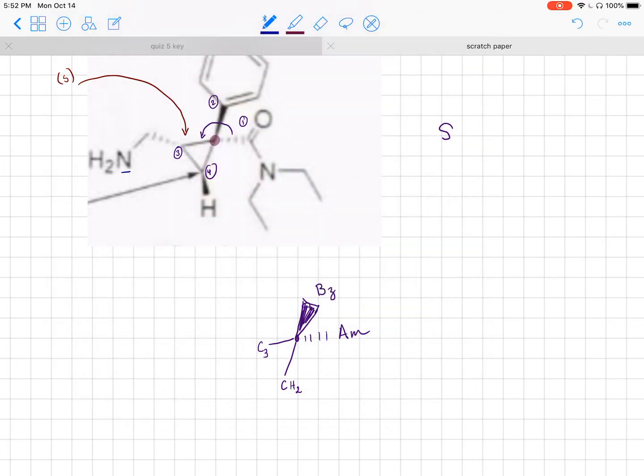Yeah, basically rotate it around the C3 group. Right, so then the C3 group is going to stay exactly where it is. And then this benzene is going to be down here. And then the CH2 is going to go in the back. And the amide will come out in the front.